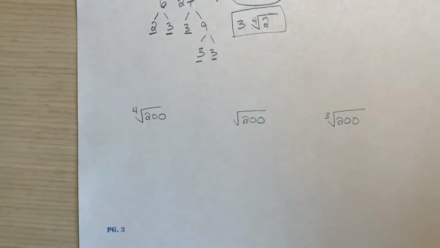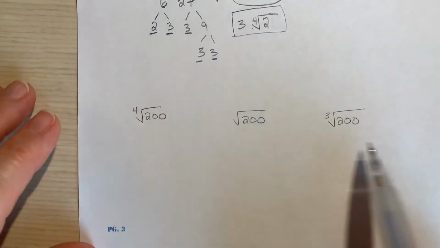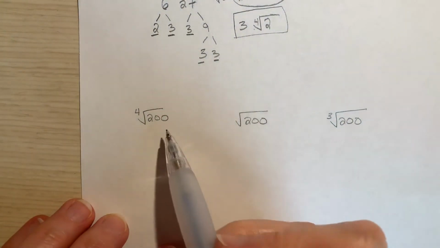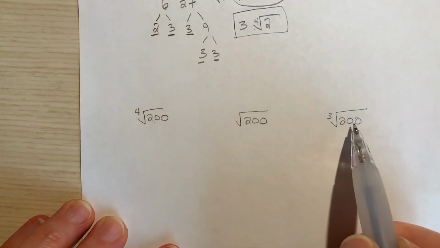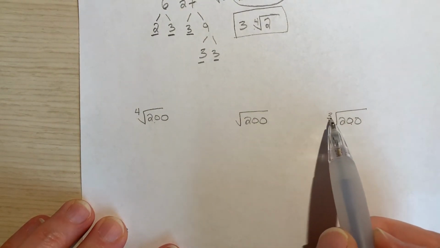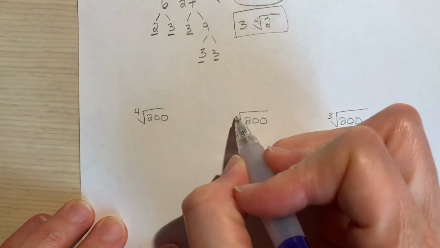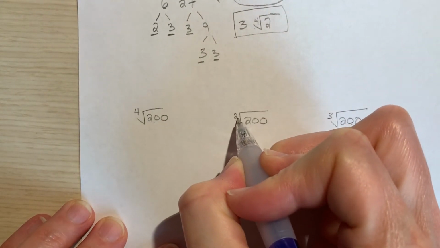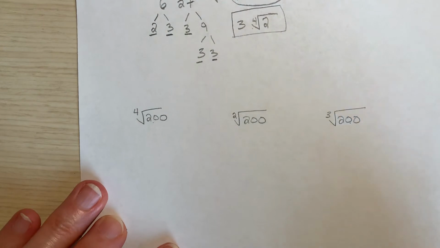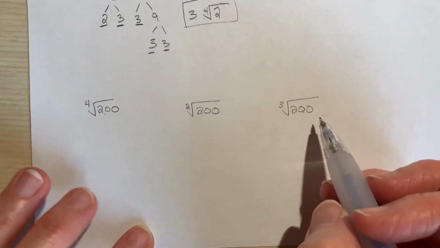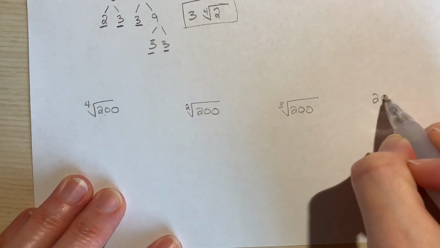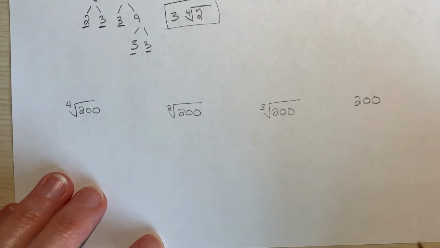Now I just want to show you quick. I didn't have these in the notes, but you could add them in. This is just an example of when you have the same number under the radical, but different indexes here. This is a square root. Remember, if you don't see an index, it's a 2. So they all have 200 in there. So I'm going to do a tree for 200 over here.